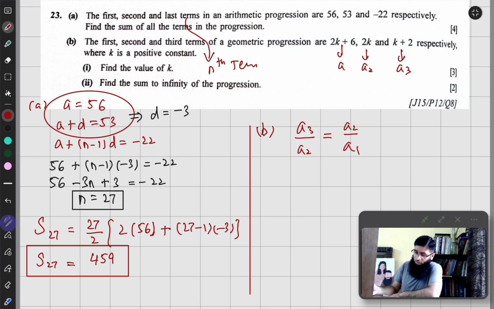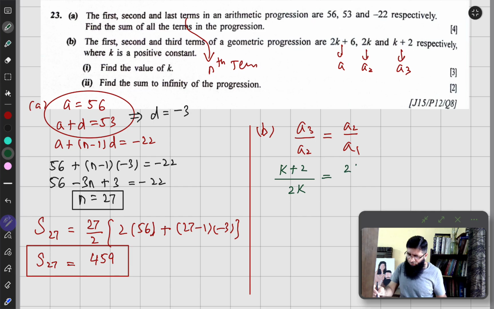This is called the common ratio. So the third term, k plus 2, divided by the second term, 2k, will be equal to the second term, 2k, divided by the first term, 2k plus 6.